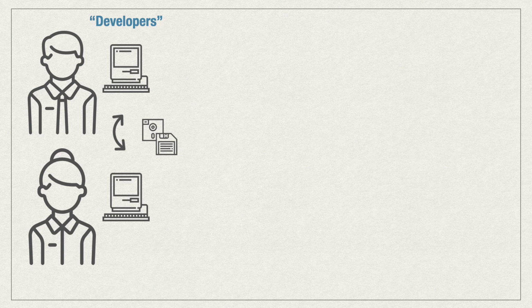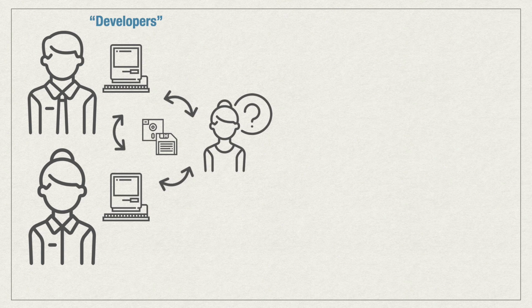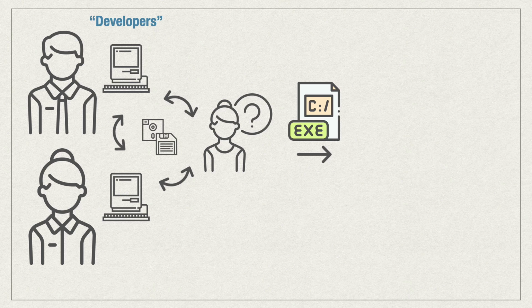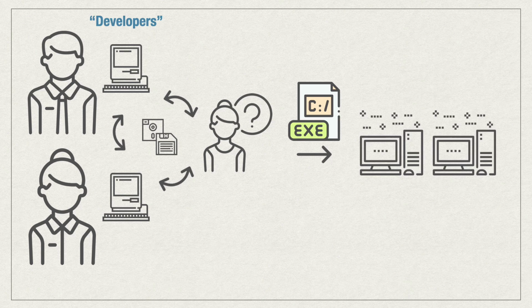So everybody would be making incremental changes to bits of code. And then at some point, somebody, typically a release manager, would be responsible for trying to work out how to integrate all of those changes into a known release version, which could then be compiled and moved on to a set of machines where that could be tested.